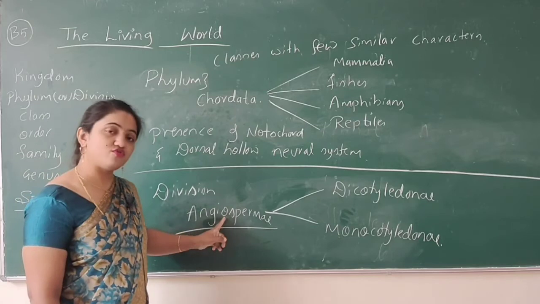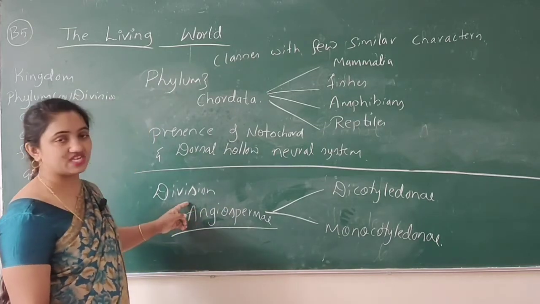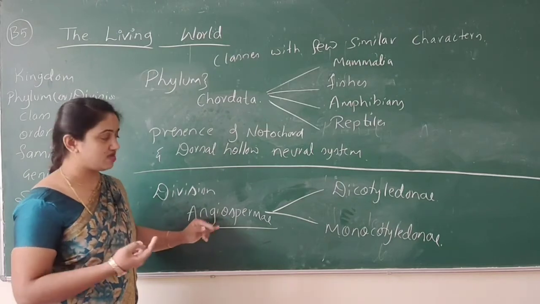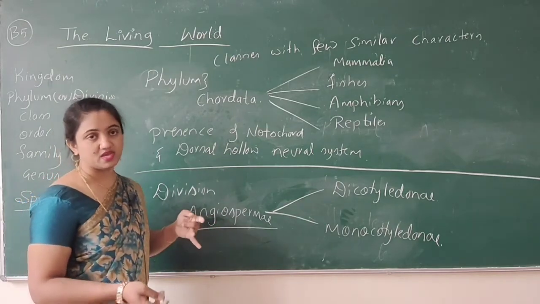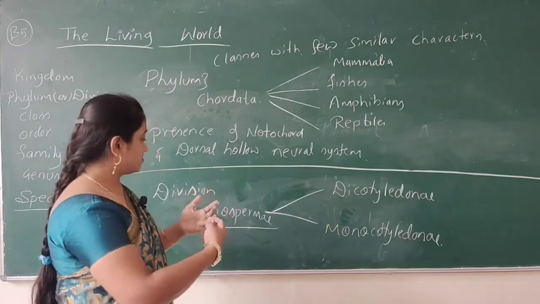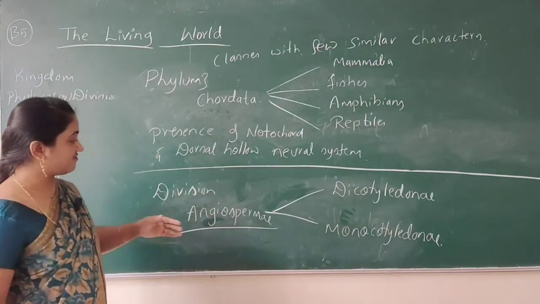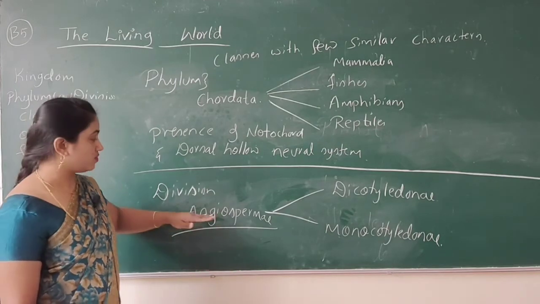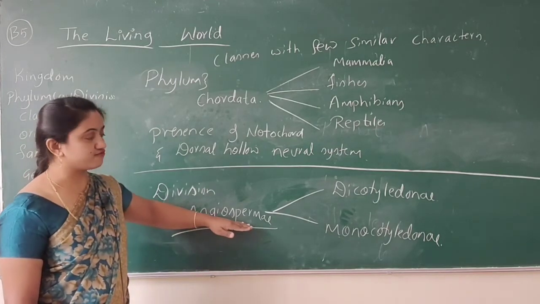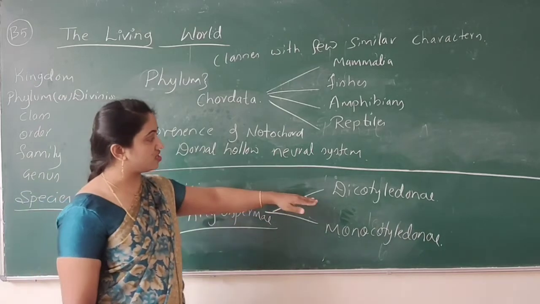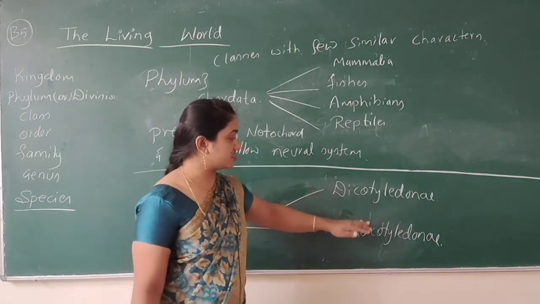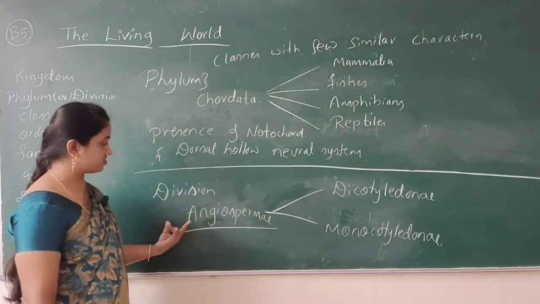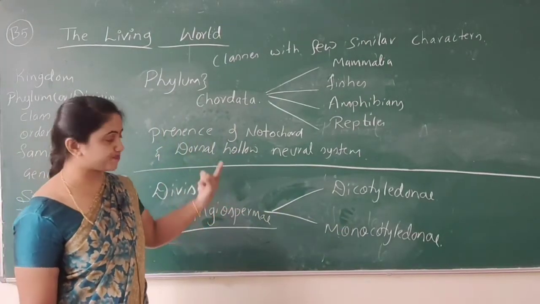If I give a few more division names, angiosperm is one division name, and others are gymnospermy and pteridophyta. Like this we can give a few other division names. Here, dicotyledons and monocotyledons come under the same division known as angiospermy.